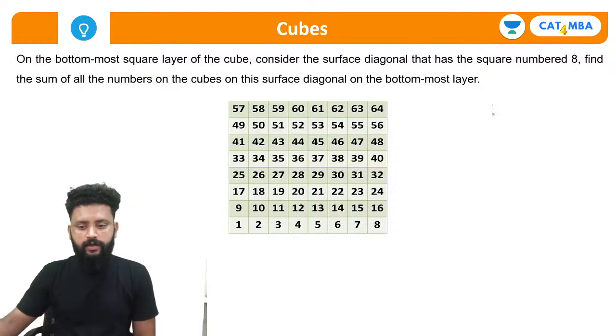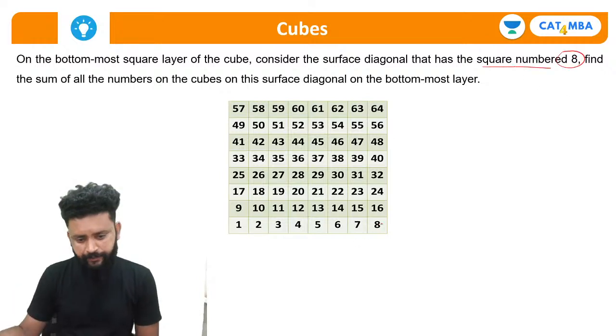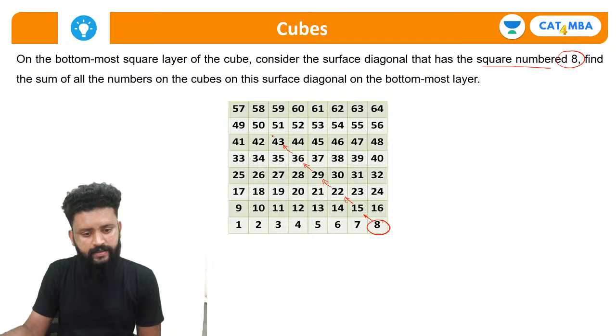We want square number 8, this is it, and from here you have to go diagonally, from 8 to 15 to 22 to 29 to 36 to 43 to 50 to 57.